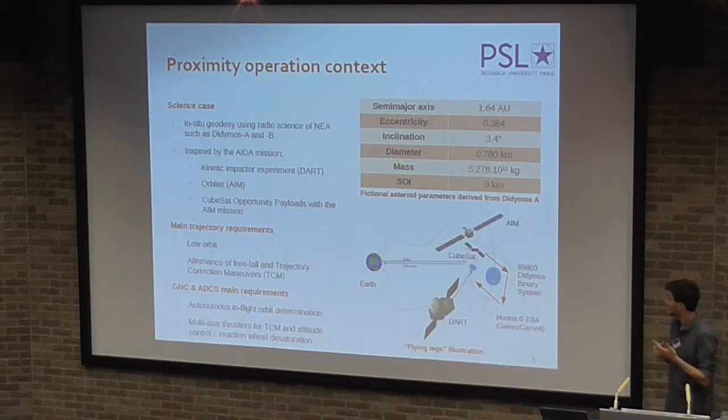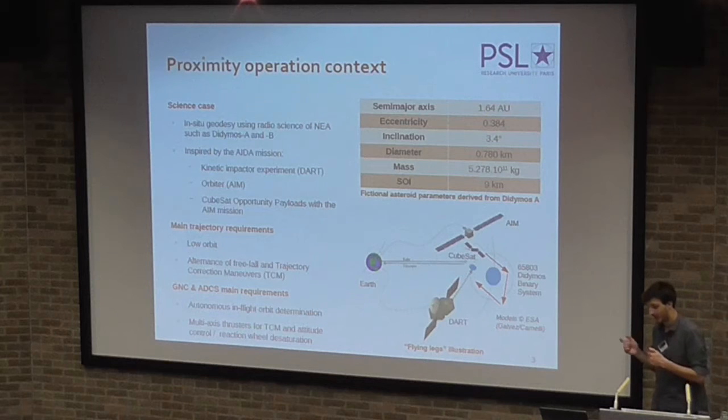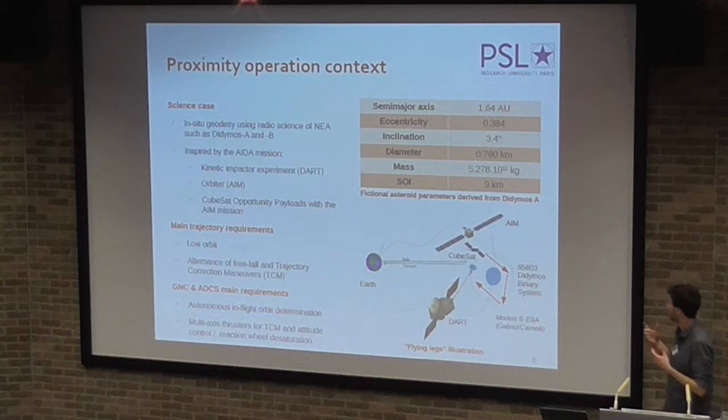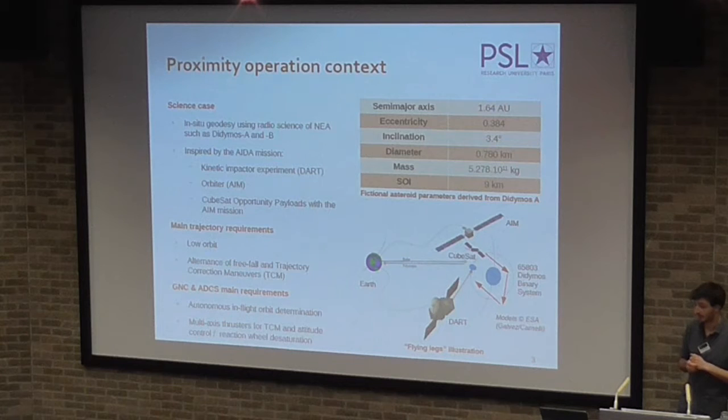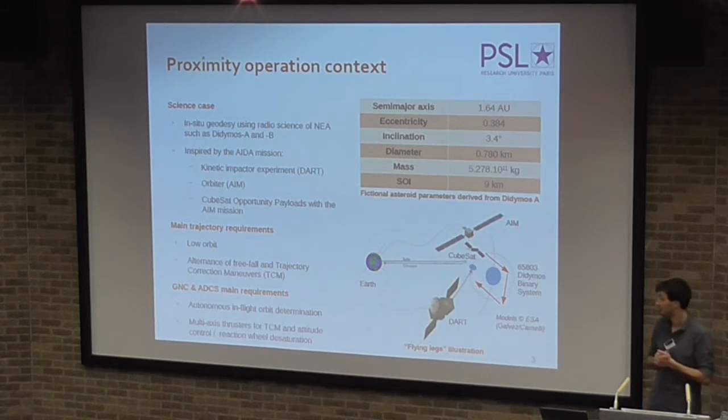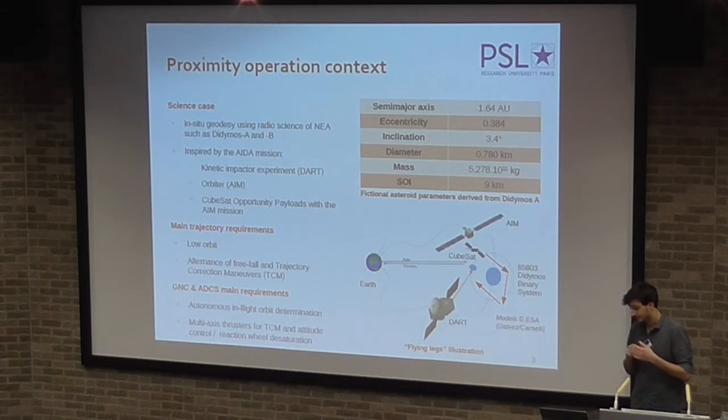As it has been said yesterday, to do so we need to do radio science between the CubeSat and the rotorcraft to measure Doppler shifts and ranges, so we can deduce the exact trajectory of the CubeSat and then find out some relevant information about the asteroid itself, its composition, its density, and so on.